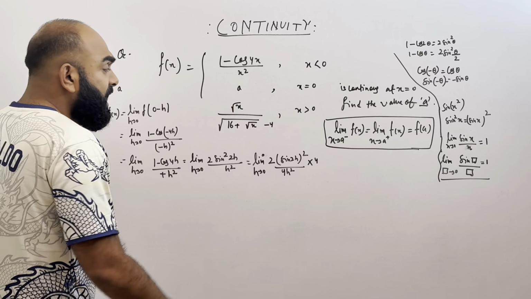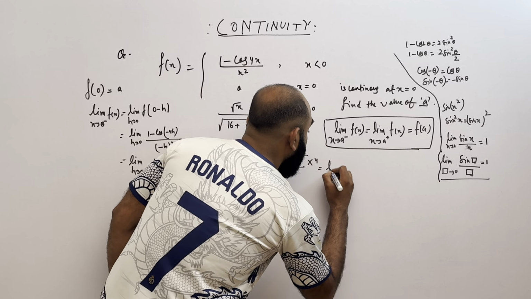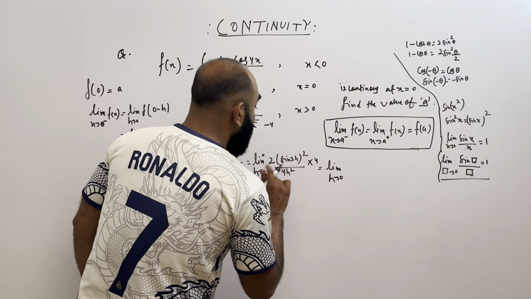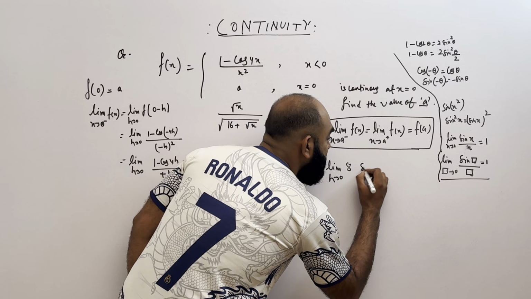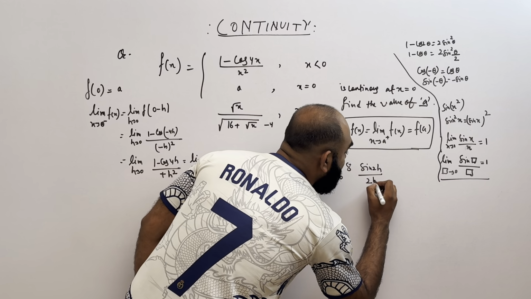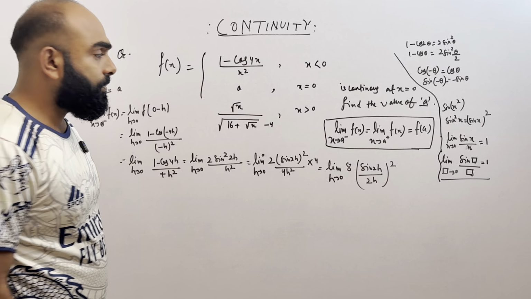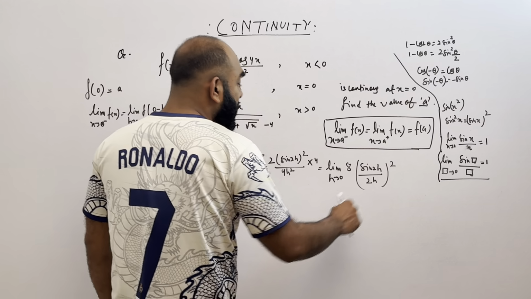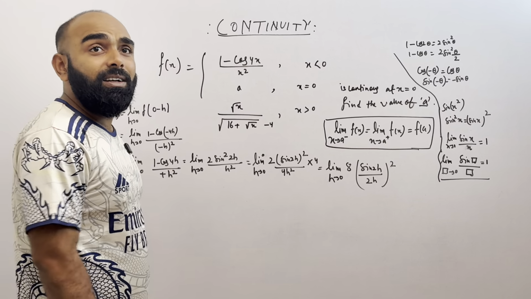Now the question becomes limit h tends to 0, 2 into 4, 8, sine 2h ka whole square by 4h square. Can I write 2h ka whole square like this? Yes, sir, 2h ka whole square is nothing but 4h square.